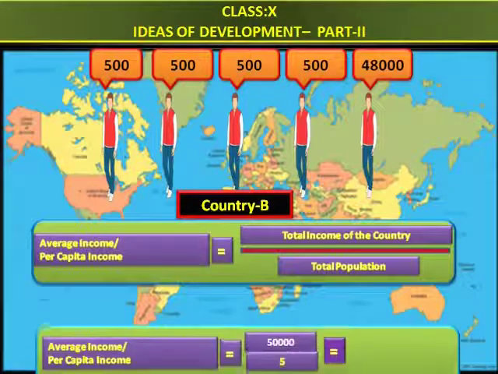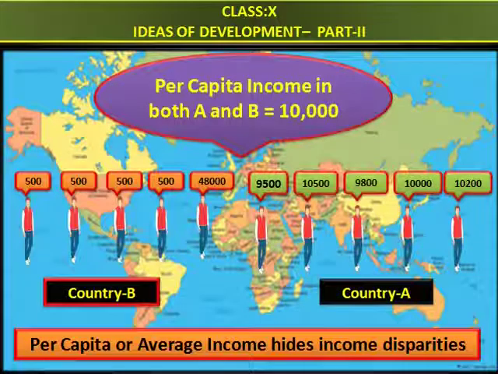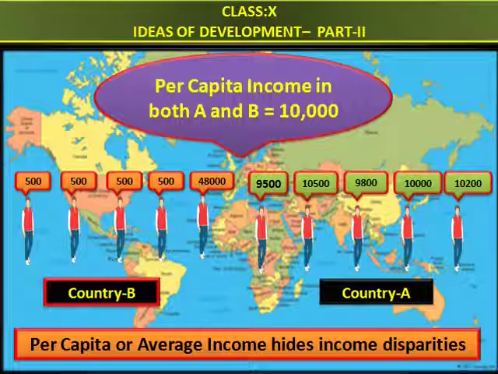The average per capita income of country B is also 10,000. Note that the large income disparity in country B is not reflected in the per capita or average income, which is the same as country A.